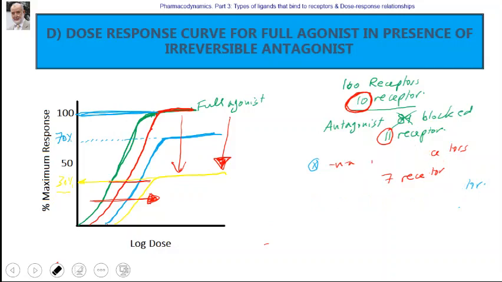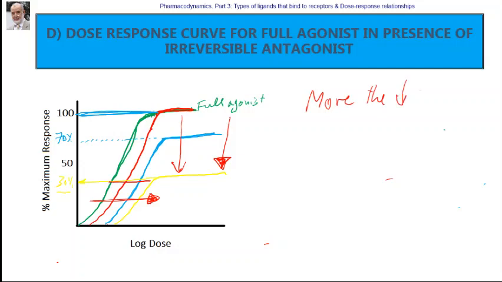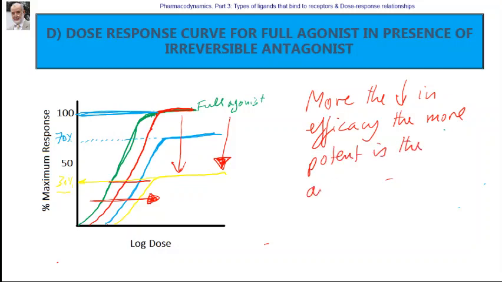The more potent the antagonist, the more the decrease in efficacy, which is, as we have said, seen in irreversible antagonism.